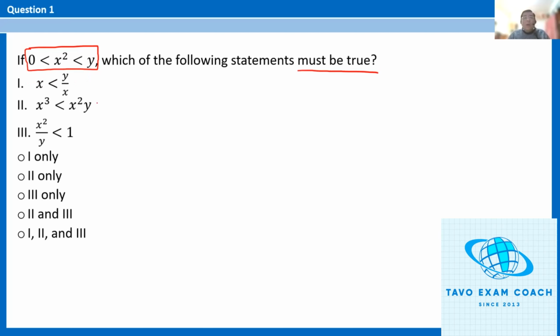x is less than y over x. One way to try to make sense of this inequality, to see whether it is always true or not, is to simplify it by putting together the two variables x on both sides of the inequality. We would achieve that by multiplying both sides by x.